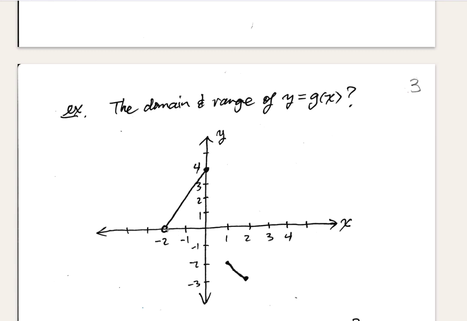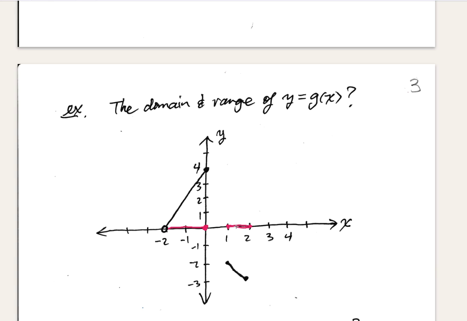If I project all the points on this graph onto the x-axis, I think you can see I would get everything from -2 out to 0. That would be solid at 0 here, but it would be open at the left-hand end, so there would be open -2. And then when I project this little chunk of the graph onto the x-axis, because both those endpoints are solid, it looks like I would get everything between 1 and 2 inclusive.